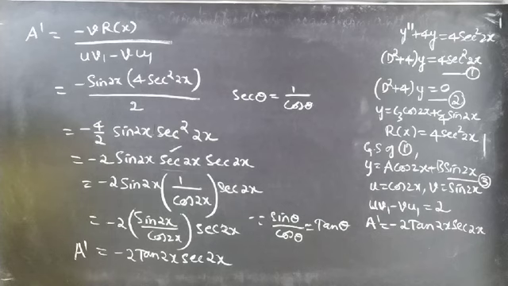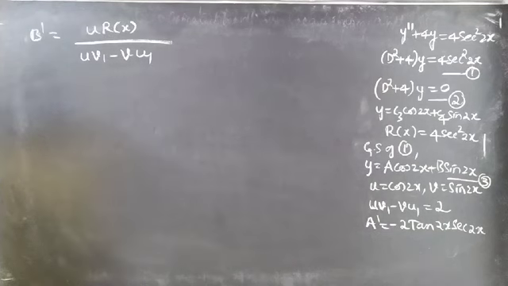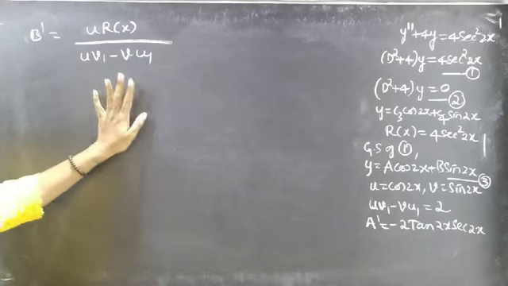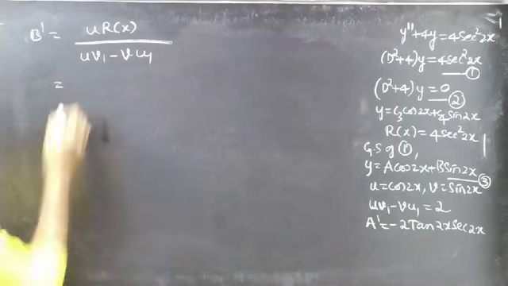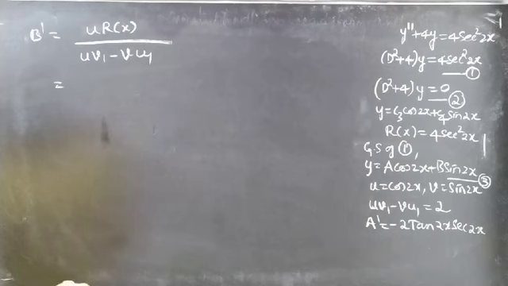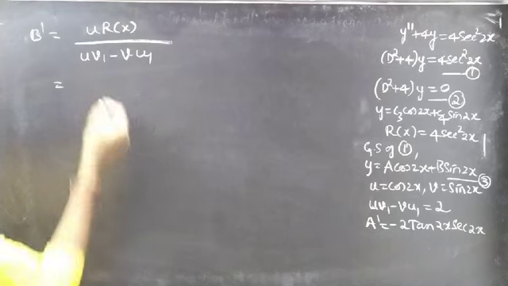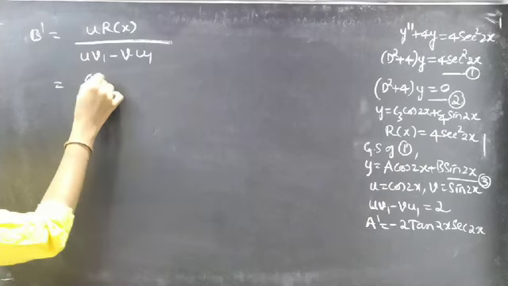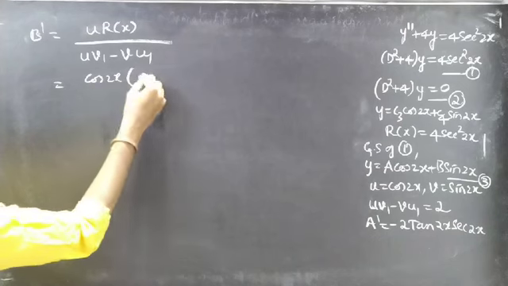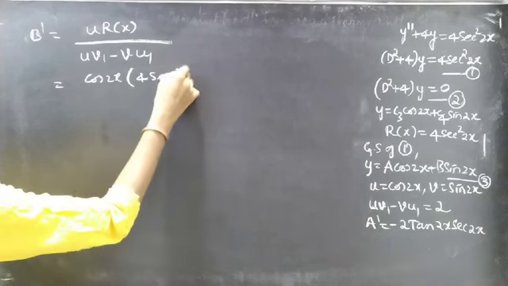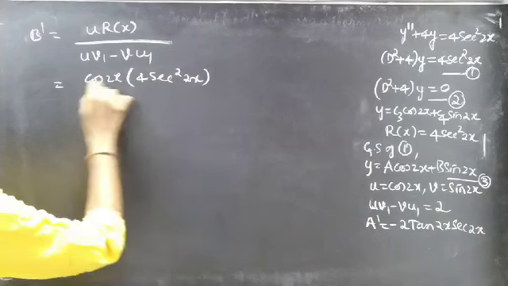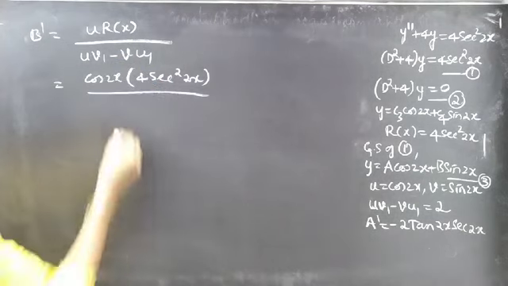Now coming to b dash. b dash is given by u into r of x by uv1 minus vu1. So let's substitute u, r of x, and uv1 minus vu1. We'll get u, cos 2x, into r of x, 4 secant square 2x, by uv1 minus vu1, which is 2.